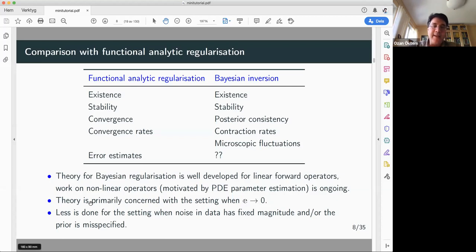But the theory is nevertheless primarily concerned with what happens when the noise term in data goes to 0, in which case the choice of the particular prior should not really be that critical. In fact, much less is done, to my knowledge at least, for a setting where the noise level in data is fixed, or when the prior is misspecified, because you hardly know the right prior, right? And this becomes an issue if you don't let the noise level go to 0.